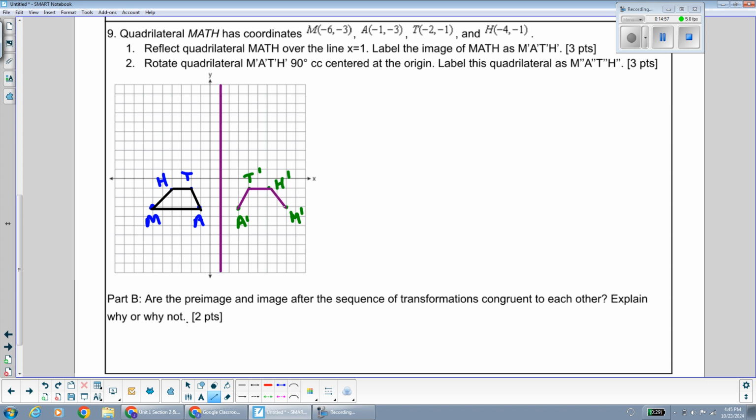And to get partial credit, and on the Regents exam too, you really should write down your coordinates. Otherwise, you might not receive credit in the future.